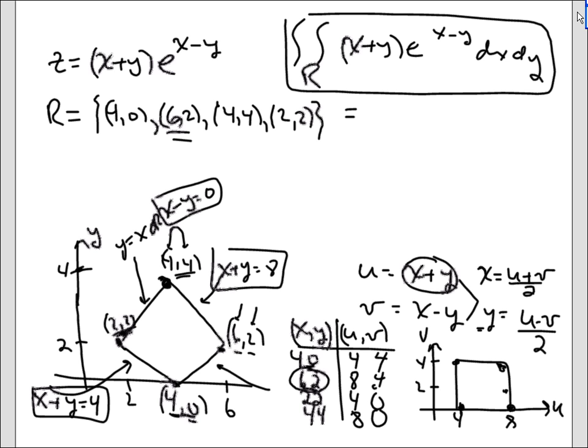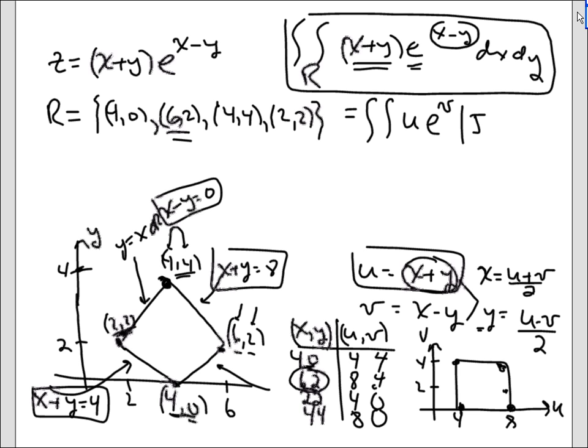So what I know is this becomes the integral of x plus y, that's u. x minus y is v, so it's e to the v. The absolute value of the Jacobian, which we haven't even touched yet, times du dv. dx dy becomes the absolute value of the Jacobian times du times dv.